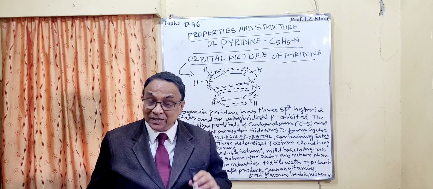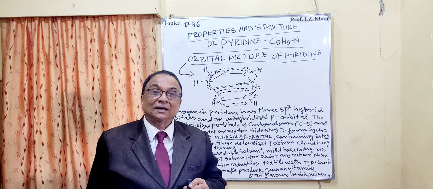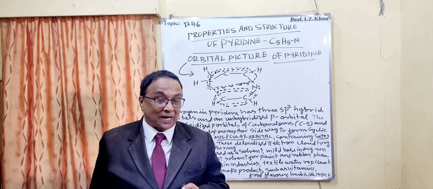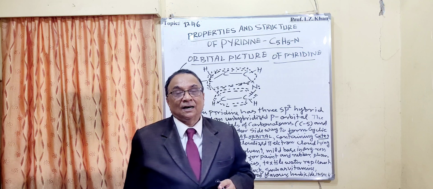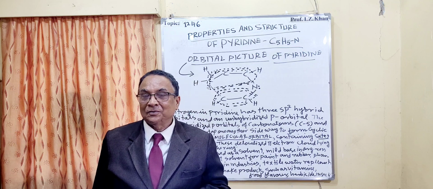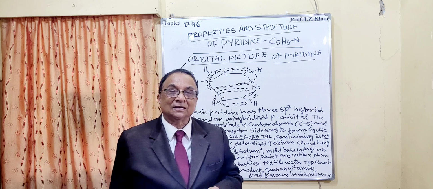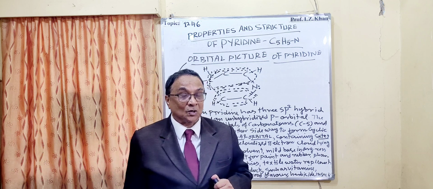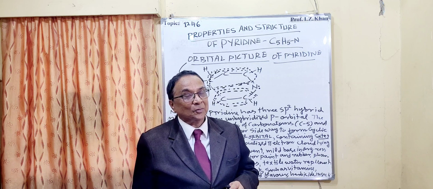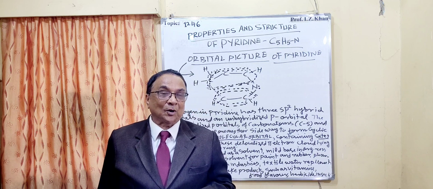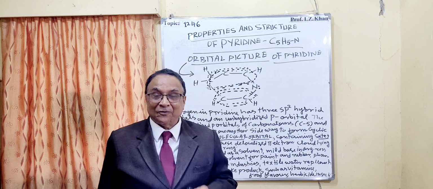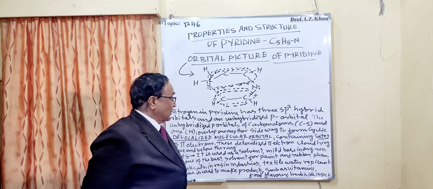So it's a very serious matter. It is found that many people who were exposed for a long duration of time to pyridine solvent got the problem of dilation or dilution of their prostate gland molecules, and finally they became impotent and their prostate gland was not properly functioning because of the effect of the pyridine vapor.